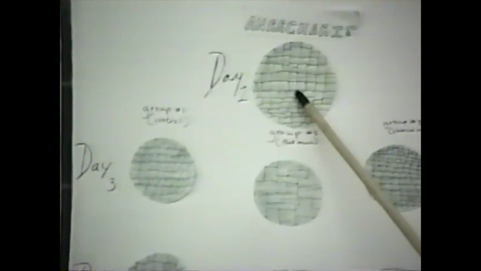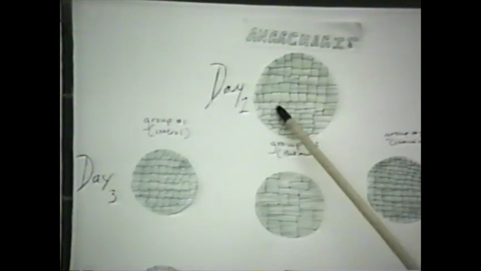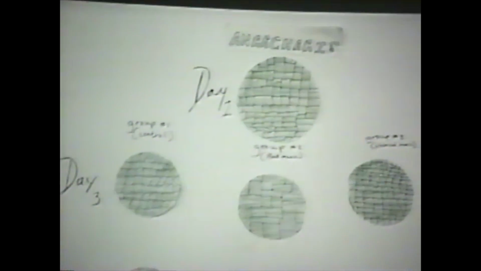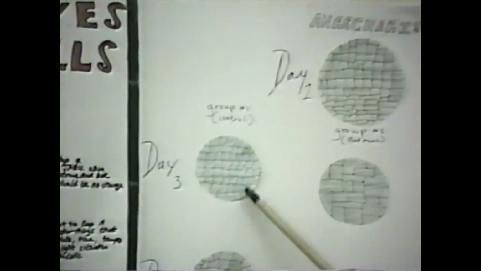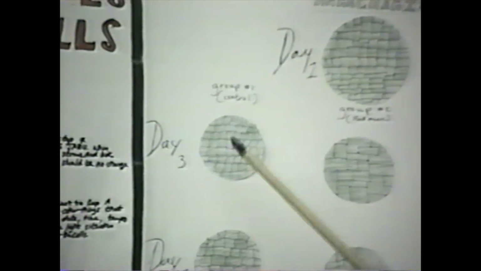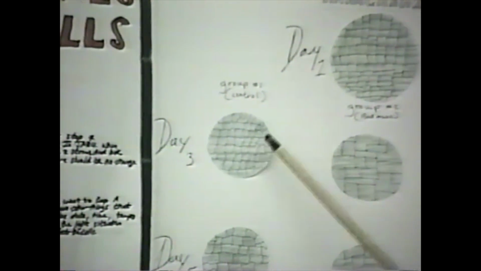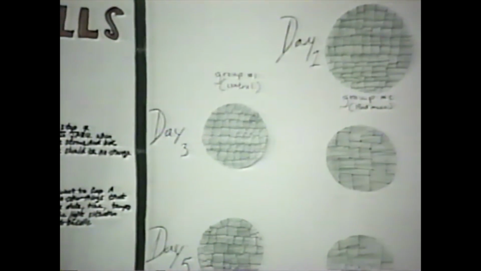And group 1, the control group, this was day 1. Basically all the strands look like that on day 1. On day 3, the first group, the cell walls got rigid, and that's basically the only change there.